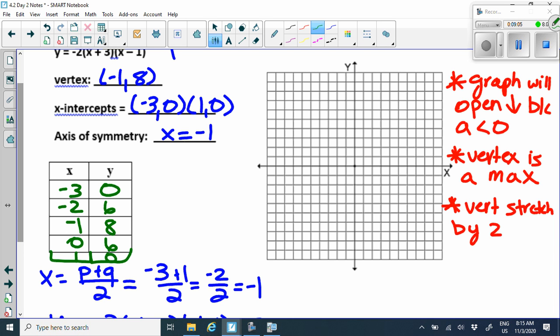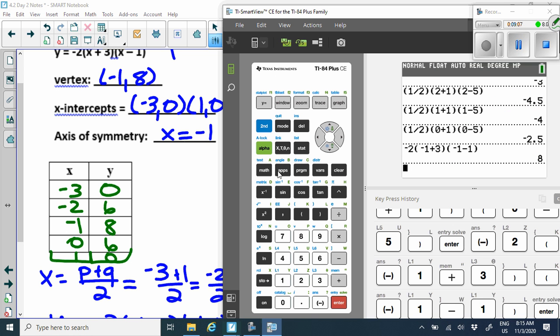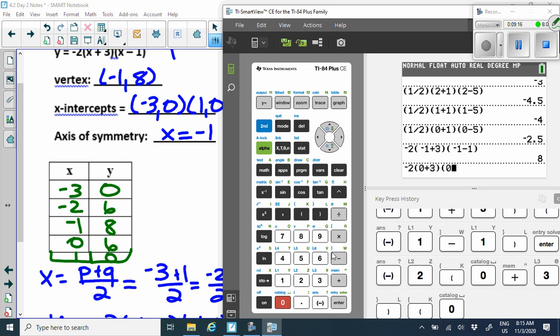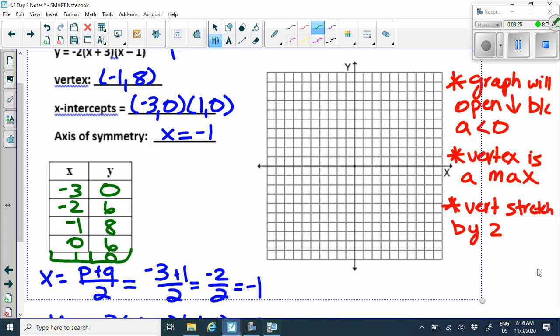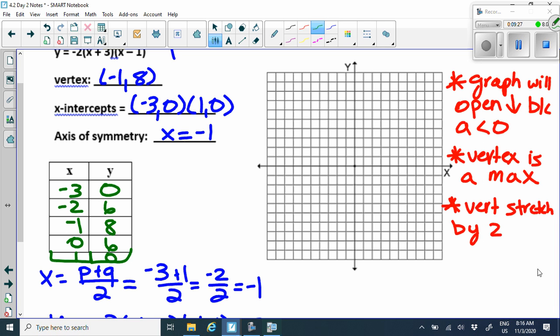So make sure when you plug this in, and I'm going to do it for the 0, remember, you should do negative 2, and then parentheses, we have 0 plus 3, and then 0 minus 1. So make sure you're definitely hitting the correct buttons on the graphing calculator there, or whatever calculator you are using.